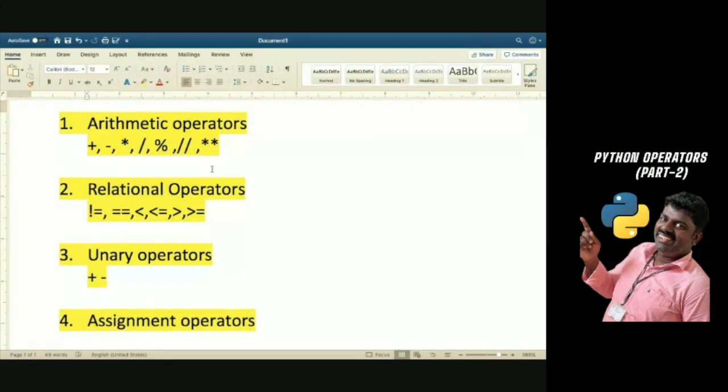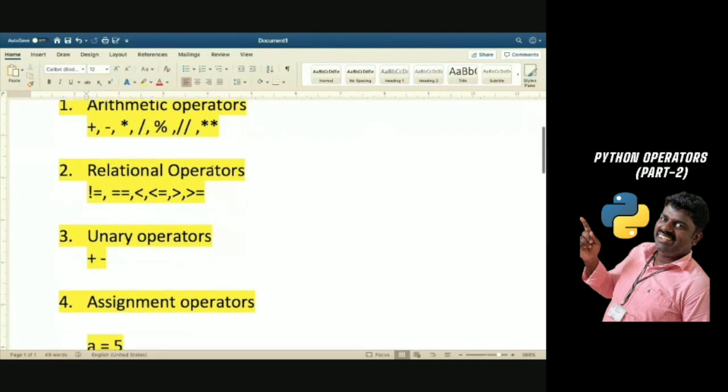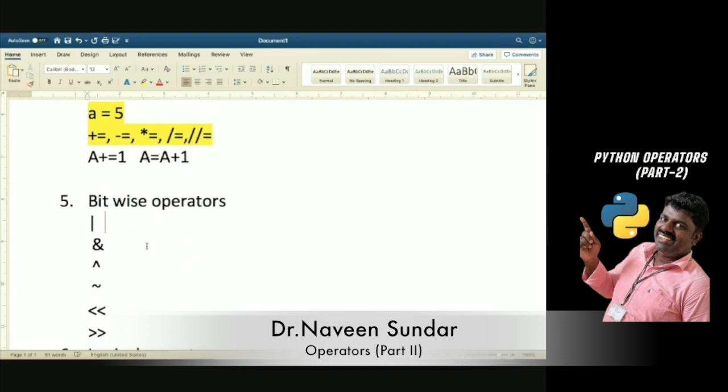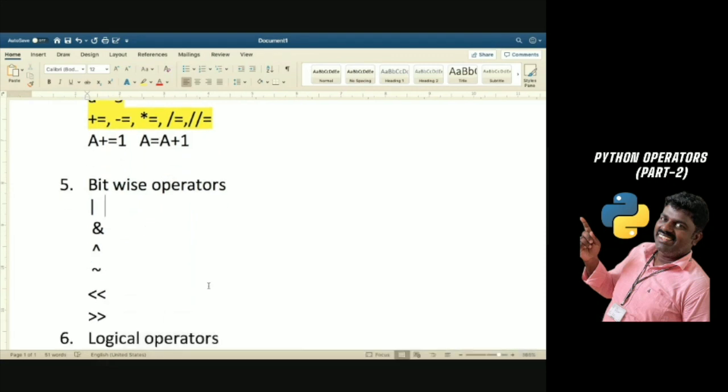Operators. Till now we have seen four types of operators, and today we are going to see the next topic, the bitwise operators. This symbol will be used for bitwise OR, and this one is bitwise AND.